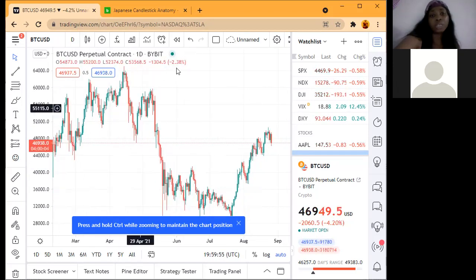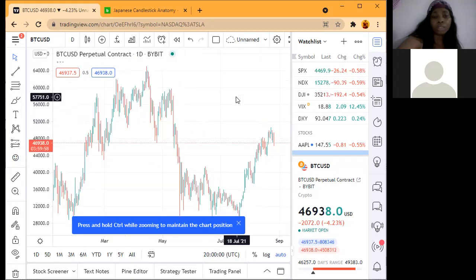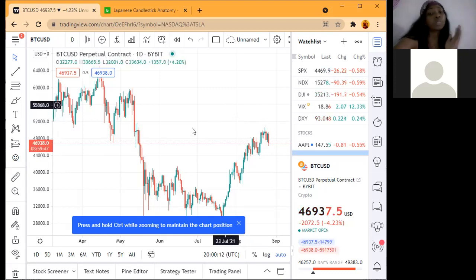So note that on a smaller time frame, the candlesticks might form plenty of wicks, and there might be plenty more candlesticks than on a higher time frame.